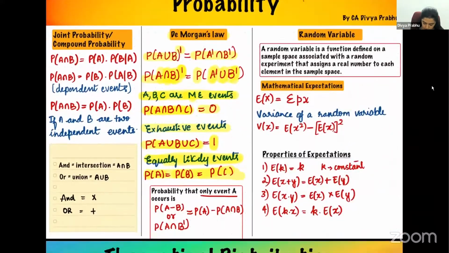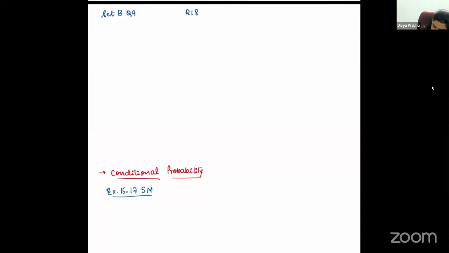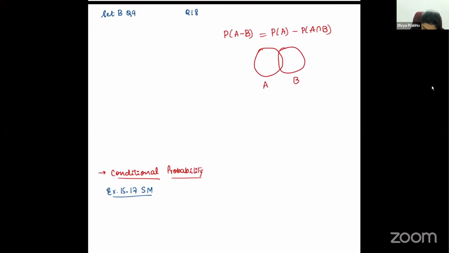Now, based on this, there's one more concept. If I have to calculate the probability of A minus B, this is the formula: probability of A minus probability of A intersection B. Let me show you this in detail. P of A minus B is equal to P of A minus P of A intersection B. To show you in the form of a Venn diagram, say this is A, this is B. This entire circle is A, correct?